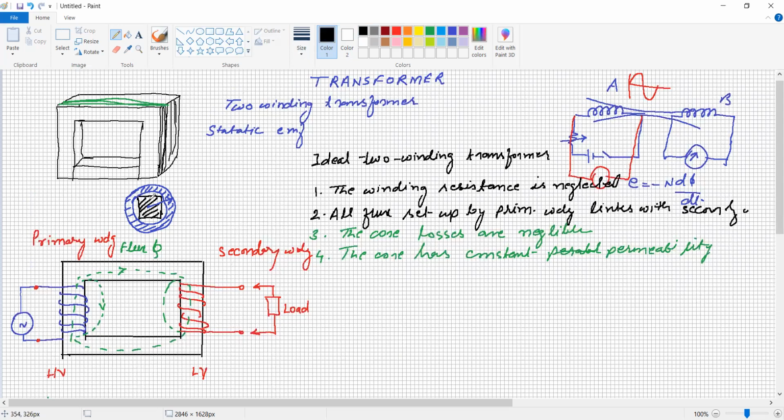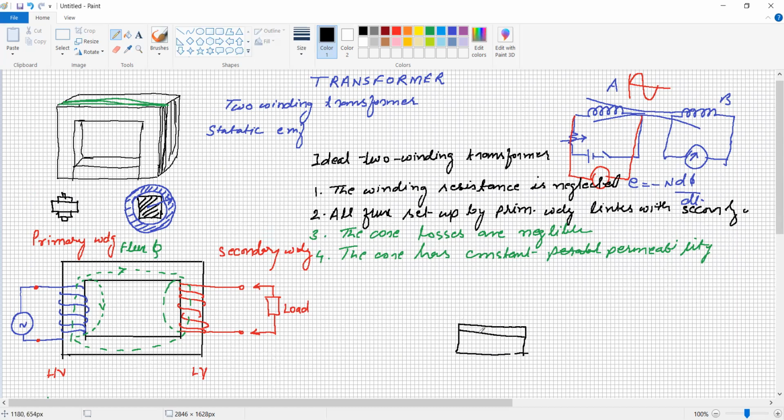Instead of using all laminated cores or all strips of the same size, we will make some different sizes. For example, here one section on this side, the second section is somewhat smaller, and again there are some smaller ones. By this way, I will draw a bigger figure. Say this is the first step or size of the cores.